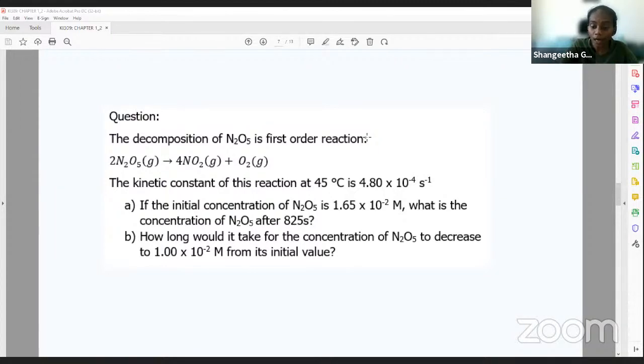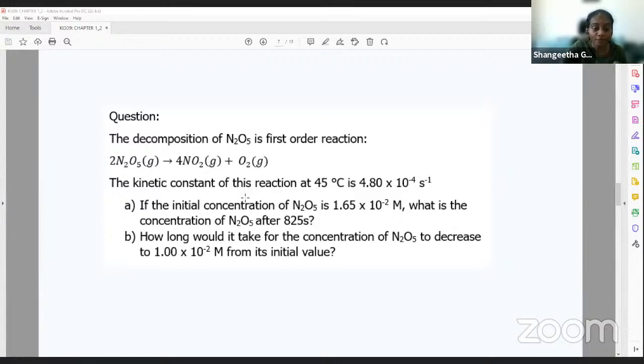Some questions might not give you the data and might not ask you to plot the graph. In that instance, the question can be like this. For example, the decomposition of N2O5 is a first order reaction. So you have 2N2O5 decomposing into 4NO2 and 2O2.